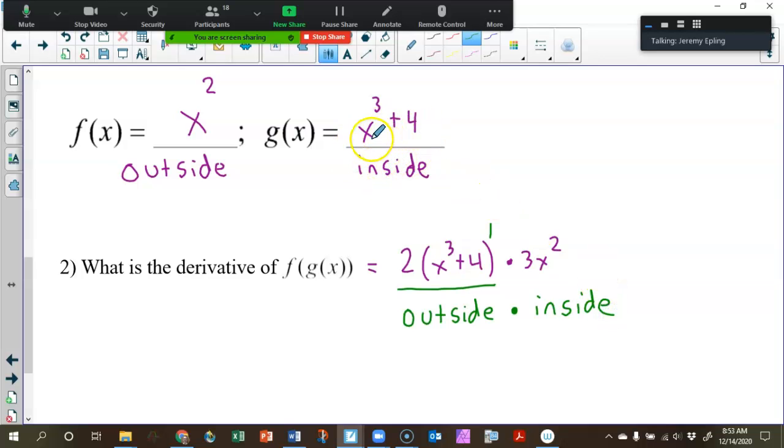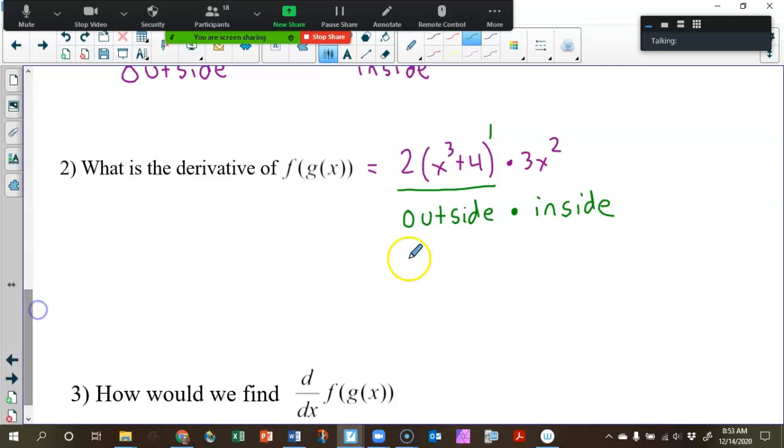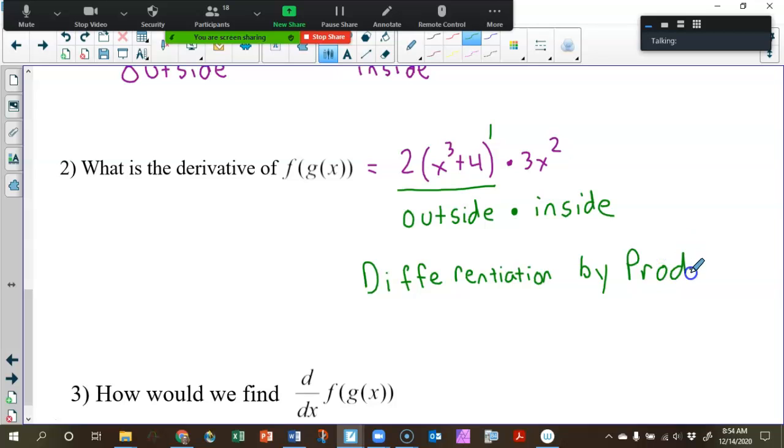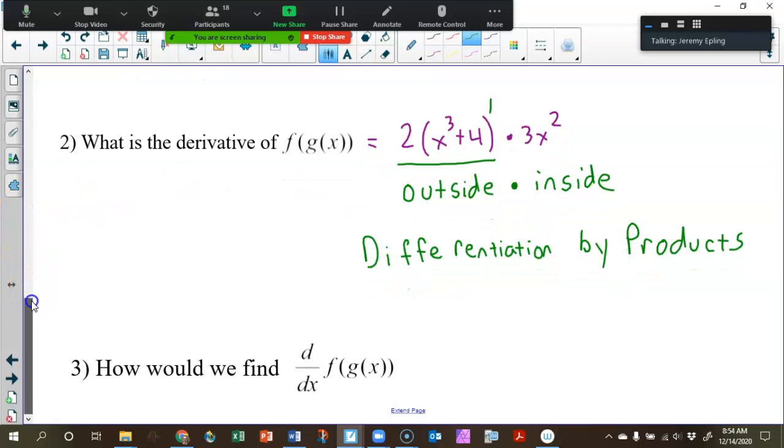Now, it was hard to see that we actually took the derivative of the whole inside because the plus 4 was equal to 0. We actually call this differentiation by products. We're multiplying together to get this derivative.